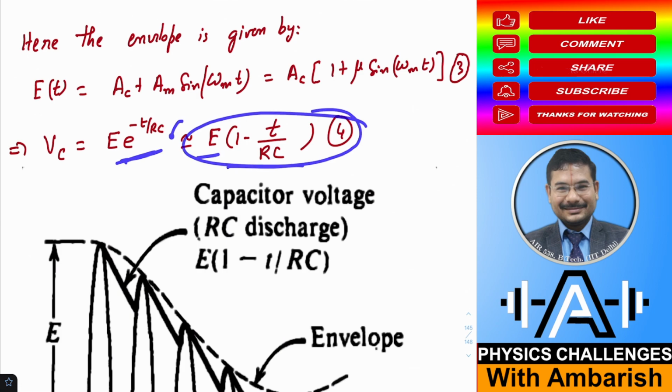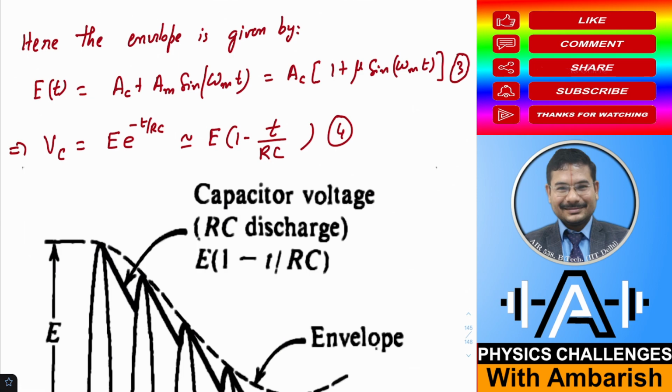The approximation we are using here is for ease of calculations, because we know that this RC is very, very large as compared to these times. RC is much greater than the time period of the carrier, and this peak to peak distance is about the time period of the carrier, right?